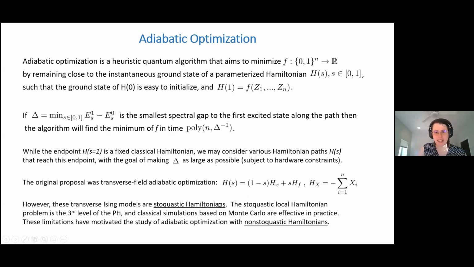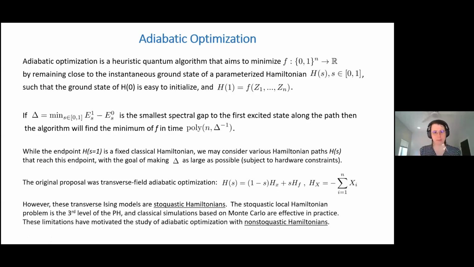I'll just mention here that for complexity theorists, the stochastic local Hamiltonian problem, estimating the ground state energy, has a limited complexity. It's in the third level of the polynomial hierarchy, but also more familiar to many of us are these classical simulations based on Monte Carlo, and these are effective in practice. So I should say that this algorithm was proposed around the year 2000, and it was a catalyst for a lot of these realizations about stochastic Hamiltonians later in that decade, right?